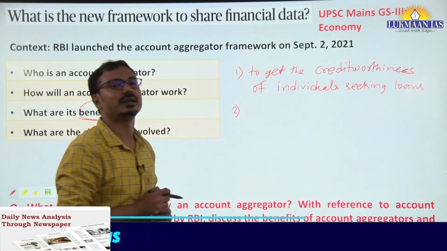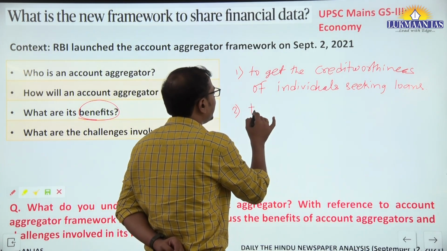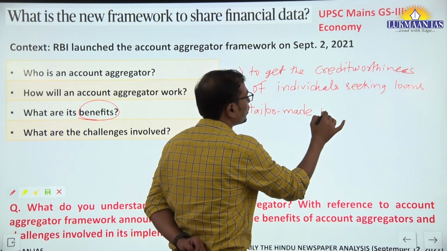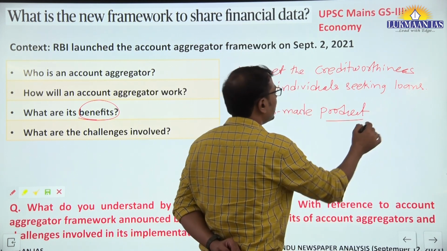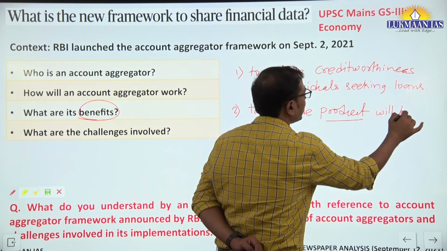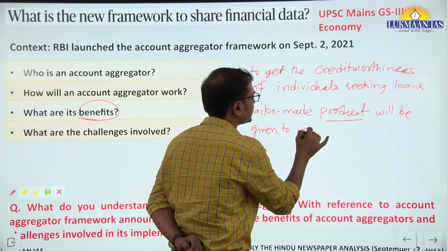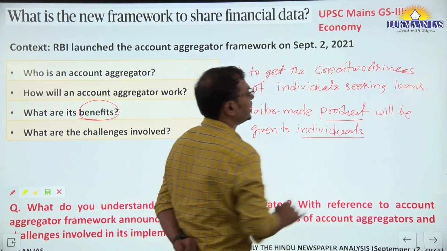The second benefit we should understand is that tailor-made products in terms of credit, loan or insurance will be given to individuals on the basis of their past financial history.